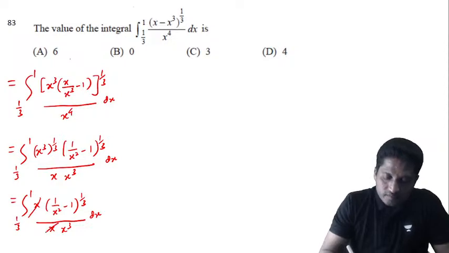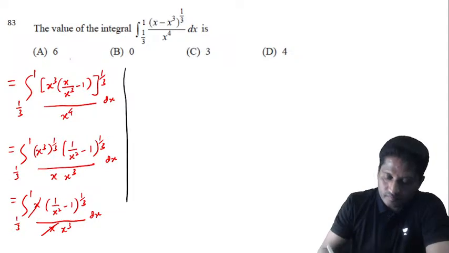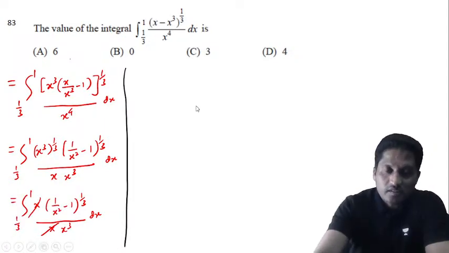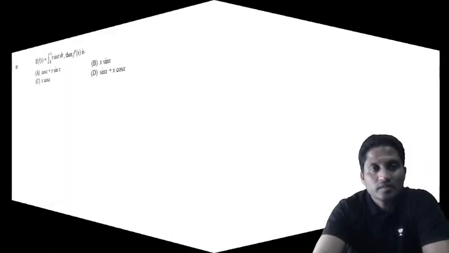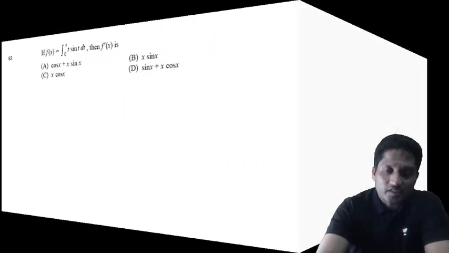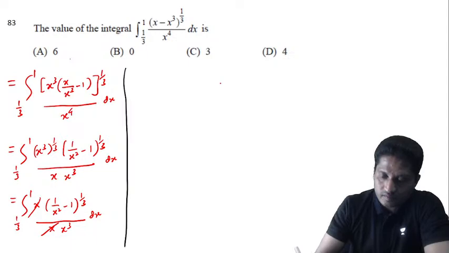This will cancel. Now what I'll do is I'm going to put 1 by x cube. Last problem by parts. No, you can use by parts, but he's asking what is f dash of x, right? Not f of x, f dash of x.